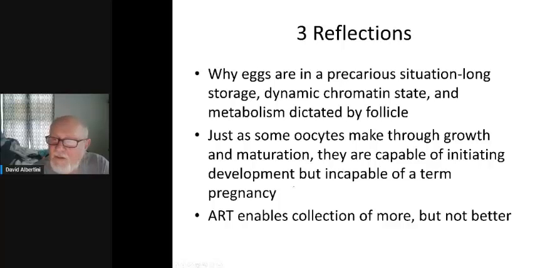They seem to be able to undergo fertilization and cleavage, but they're unable to establish a term pregnancy. Again, the vast majority of the oocytes that are fertilized means that we're posed with a serious problem in terms of identifying high-quality oocytes. So human assisted reproductive technologies, in essence, enable the collection of more oocytes, but they're not better.